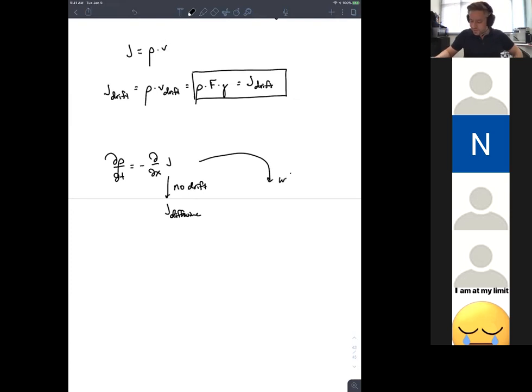With drift, then our total flux is equal to the diffusive flux plus the drift flux. So in other words, this J here in this equation, I'm going to say that this is the total flux. And so then what I'm going to do is to take this expression for the total flux and just take a spatial derivative.